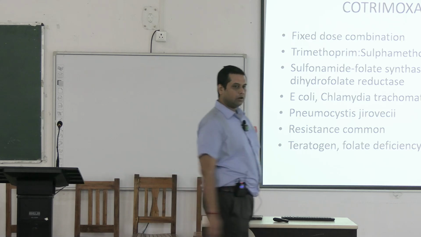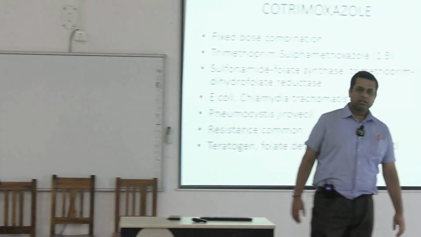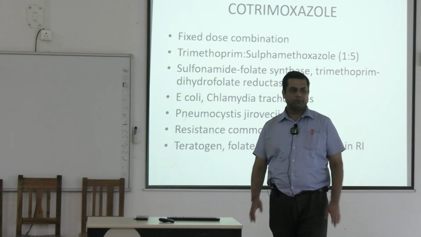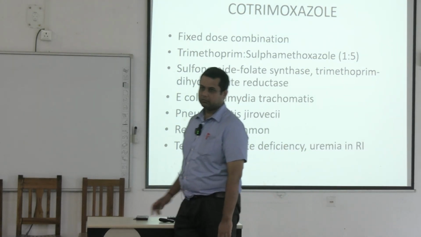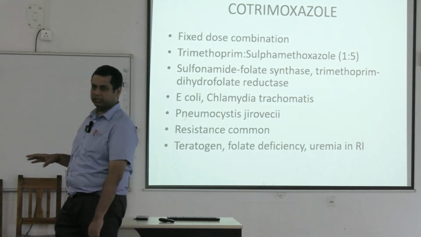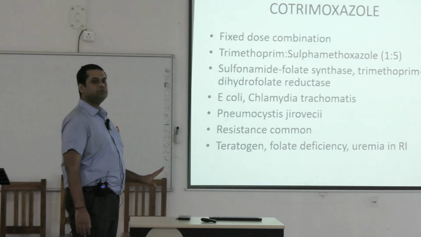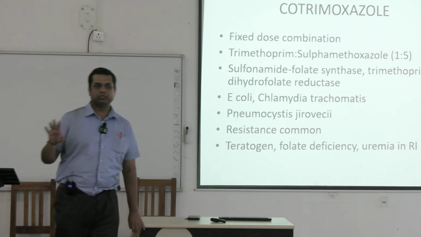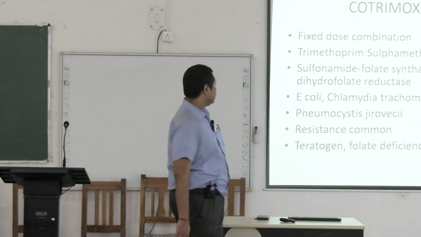Then the volume of distribution of these two drugs must be similar. Then the half-life of these two drugs must be comparable. Then we give it in a fixed dose combination. So co-trimoxazole is a classical fixed dose combination. Fixed dose combination comes as a short note. Please get it prepared.